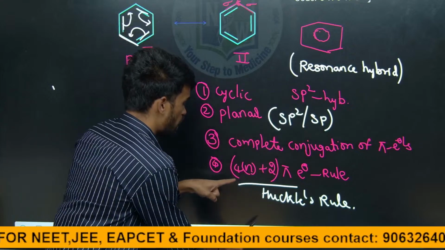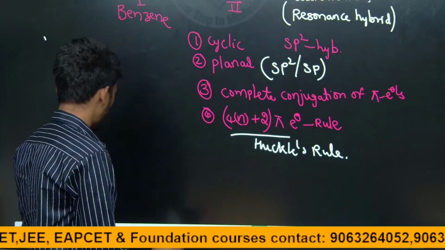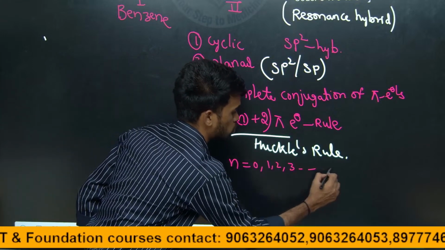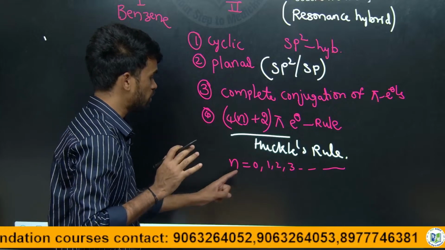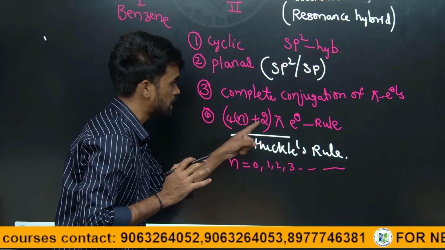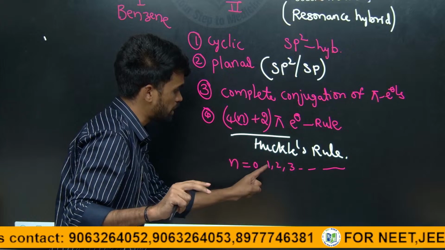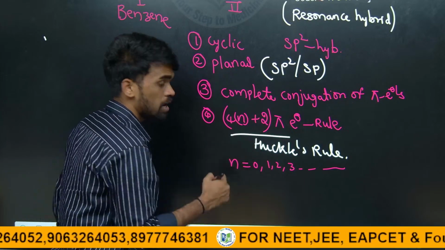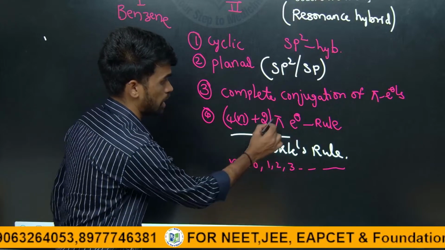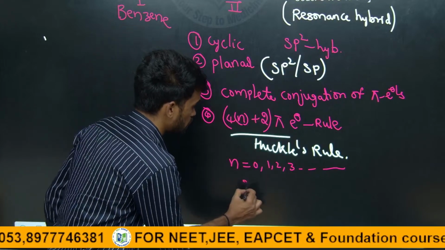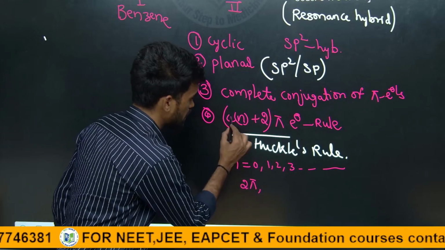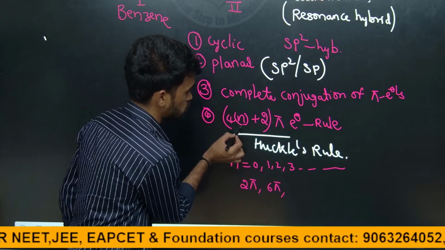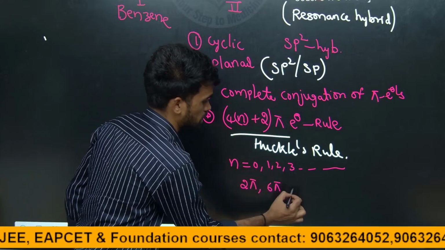So what is this n here? n can be anything: 0, 1, 2, 3, and so on. If you put n equals 0, we get 2 pi electrons. If n equals 1, we get 6 pi electrons. So the aromatic pi electron numbers can be 2, or 6 when we put 1, or if you put 2 here, it will be 8 plus 2, 10 pi electrons.